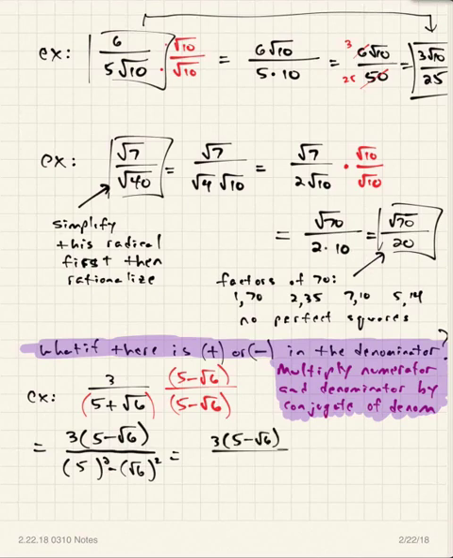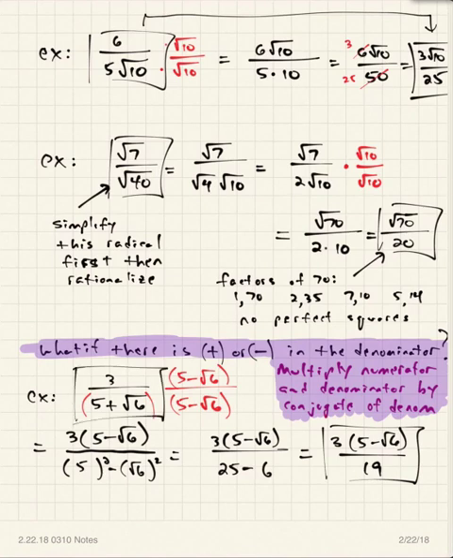In the denominator, you get 25 minus, and then the square root of 6 squared, that's 6. And so you have 3 times 5 minus the square root of 6 over 19. And sure enough, you've rationalized the denominator. And so that thing I just put in the box is the rationalized version of that first fraction.